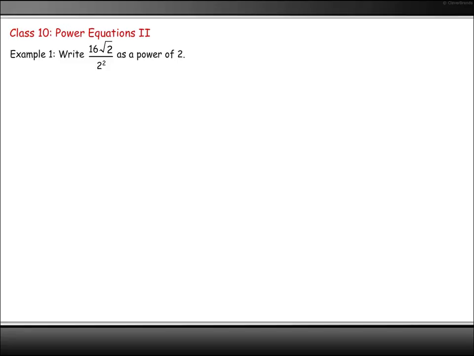Example 1. Write 16 by root 2 over 2 squared as a power of 2. 16 equals 2 to the power of 4. Root 2 is 2 to the power of a half.